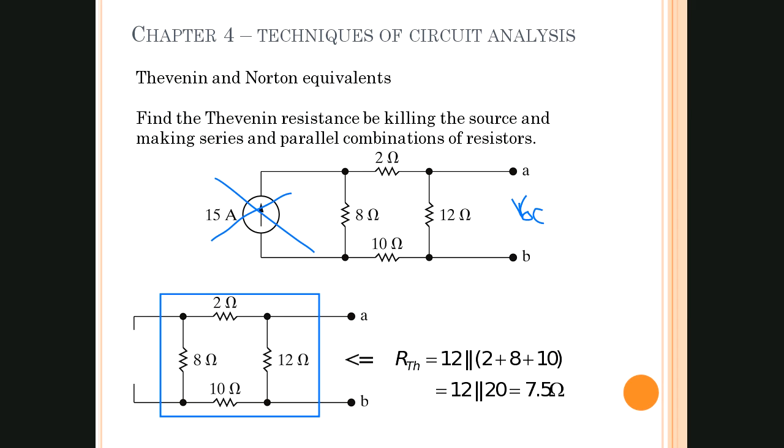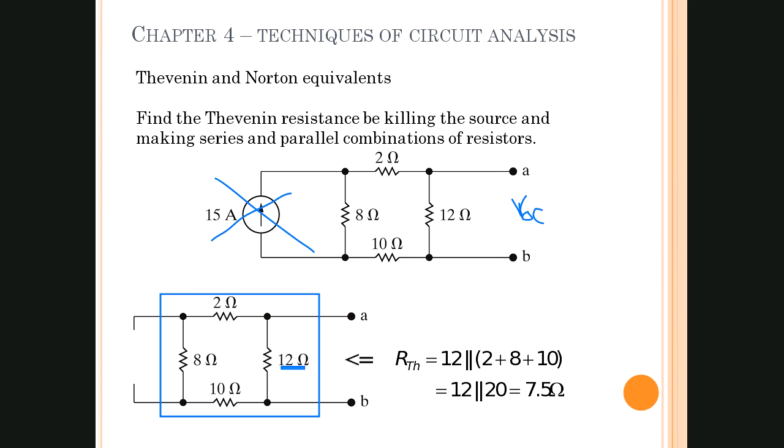So if we have this 8 ohm, 2 ohm, 10 ohm, and 12 ohm network, what do we have here? We got this 12 ohm resistor, which is right across the leads of the meter, and then that is in parallel with what?